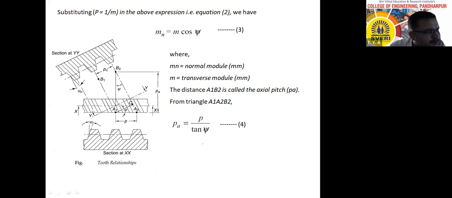Pi into M. Axial pitch PA is equal to P upon tan of psi, where P is equal to pi into M divided by tan of psi, which is equal to pi into what is M?